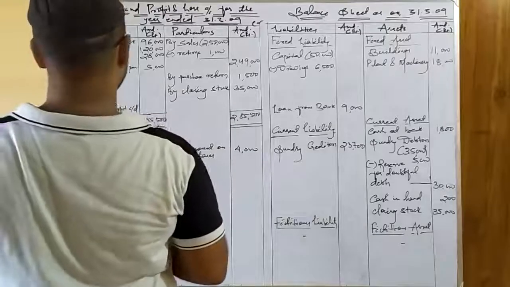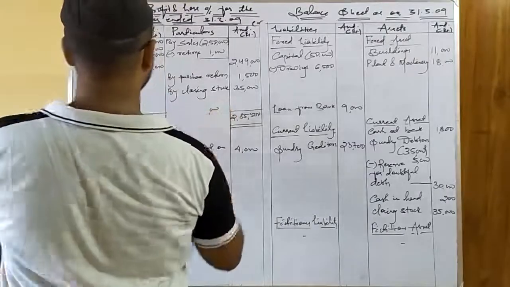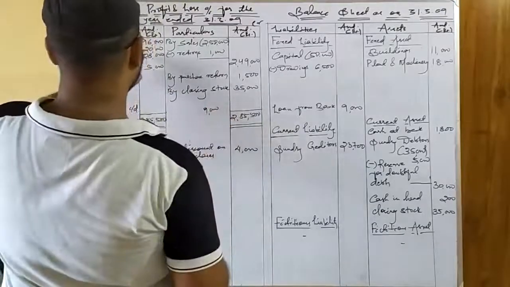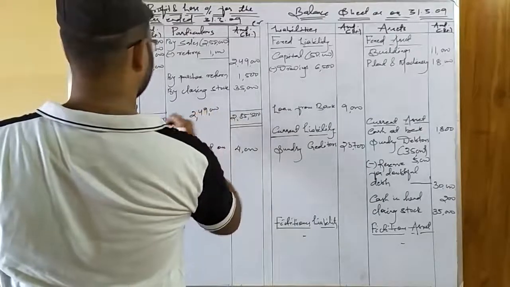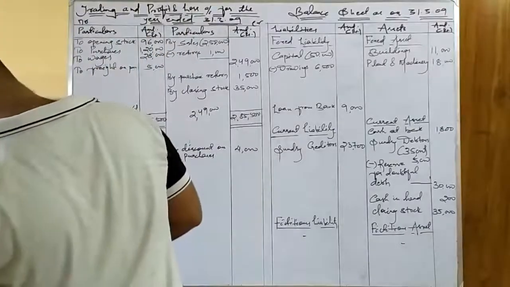So let us take a total of the debit side roughly here. So this is 6, 8, 14, 5, 9, 1, 2, 3, 2, 5, 9, 14, 1, 1, 2.